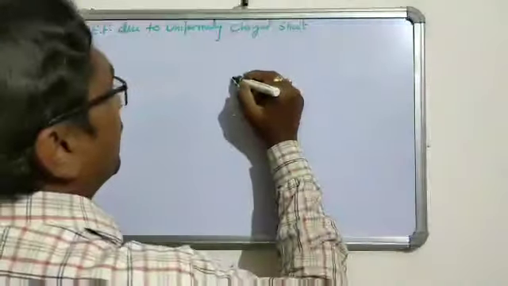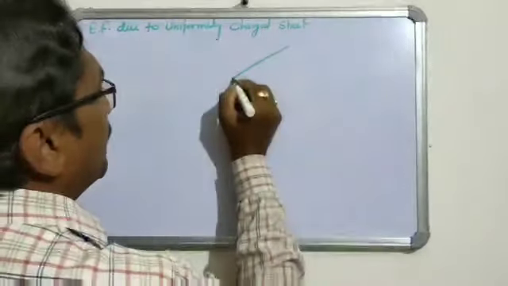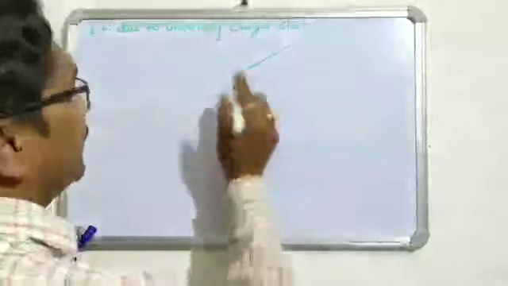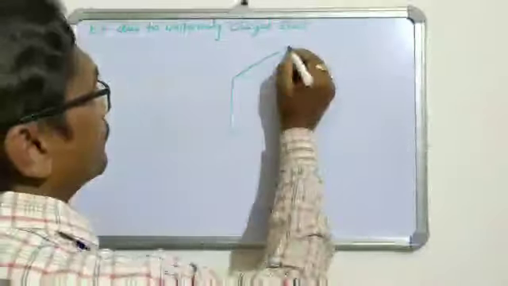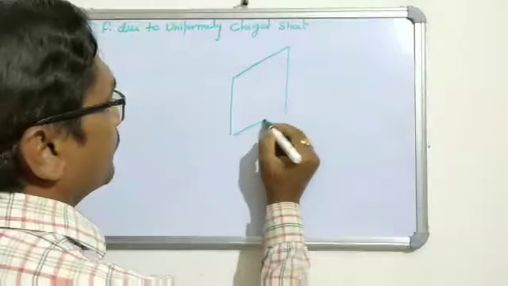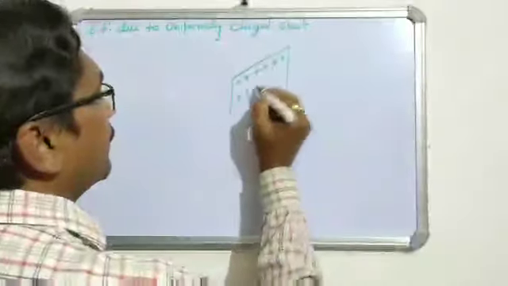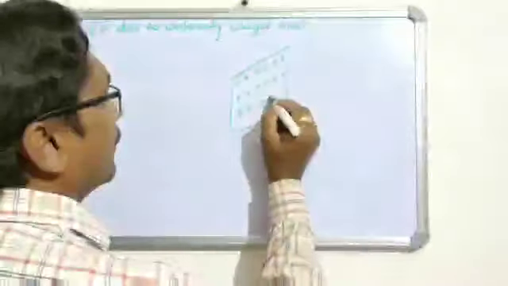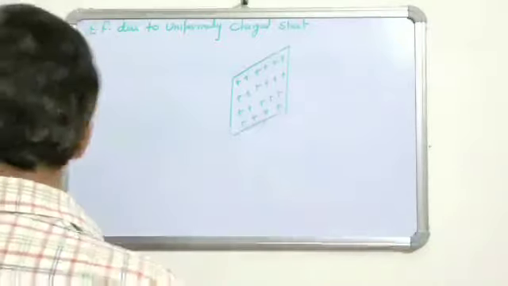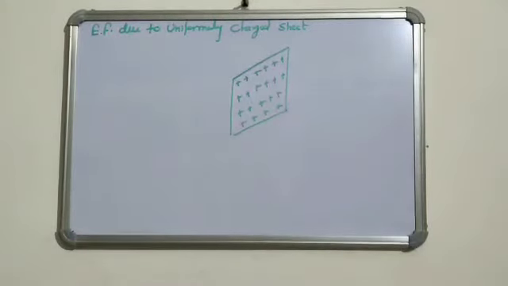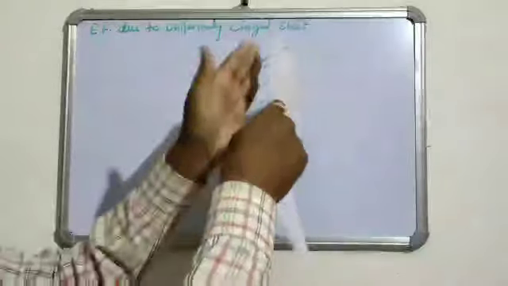Suppose it is a thin sheet, and the charge is distributed over the sheet like this. Suppose the sheet is situated at this position, with the total charge distributed over it.